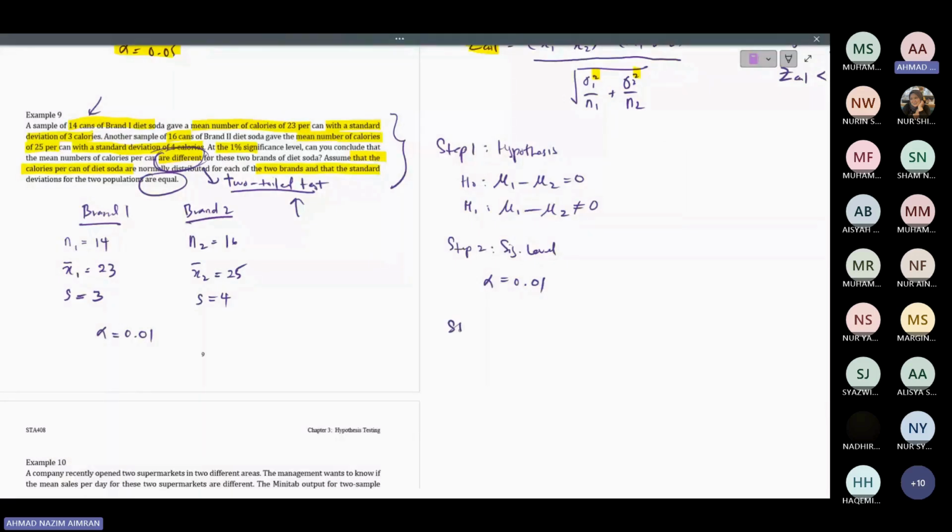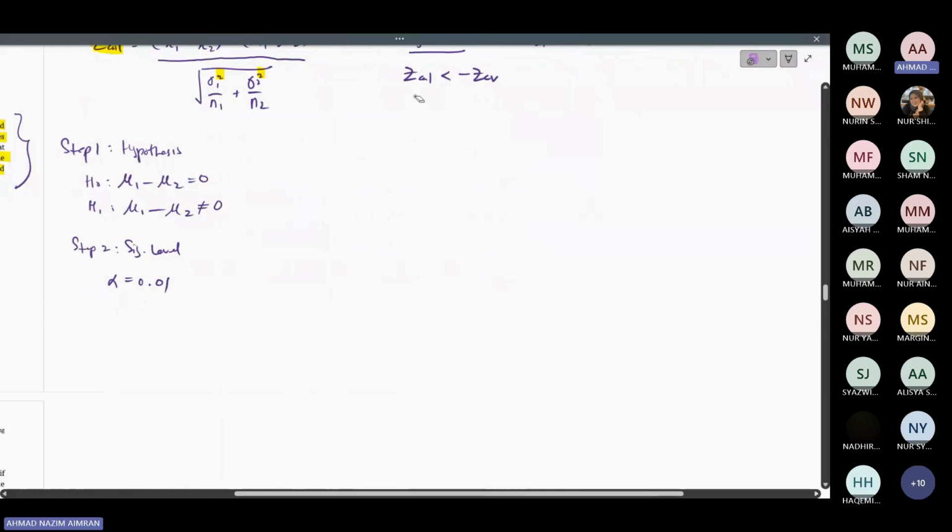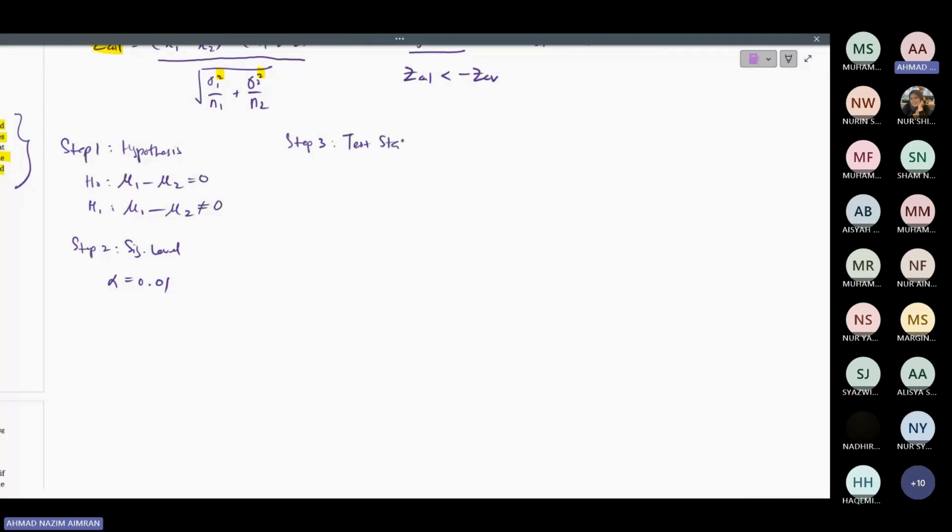And step 3 is the test statistics. Step 3, the test statistics.